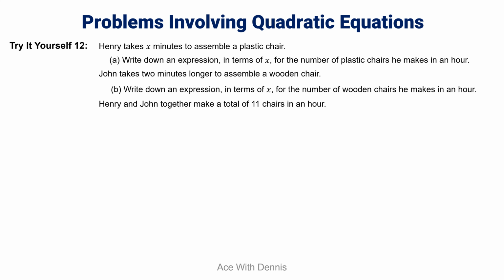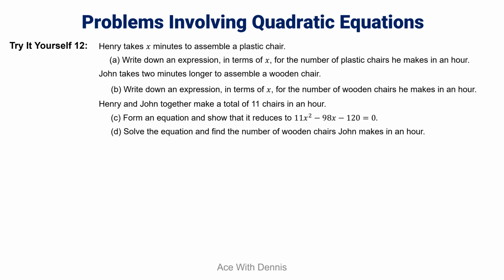Henry and John together make a total of 11 chairs in an hour. C. Form an equation and show that it reduces to 11x squared minus 98x minus 120 equals 0. D. Solve the equation and find the number of wooden chairs John makes in an hour. Okay, so you can pause the video and try to do it yourself.